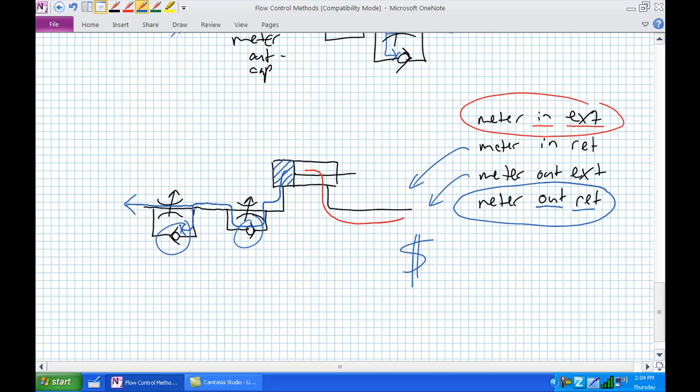You know, a lot of it is, let's say if you're doing a load handling system where you're requiring the speed of approach to be very controlled and slow to an object, go ahead and put in, let's say it's this way, the approach there, go ahead, put in a meter in extension or a meter out extension on there, whichever one. So you're controlling the extension speed.